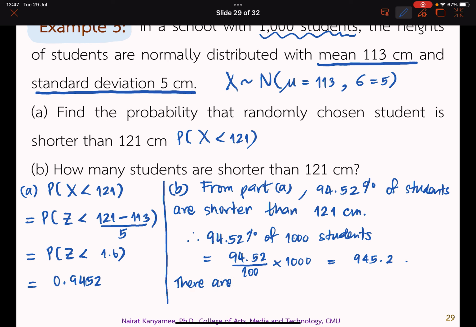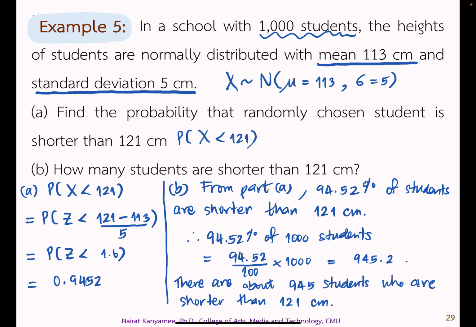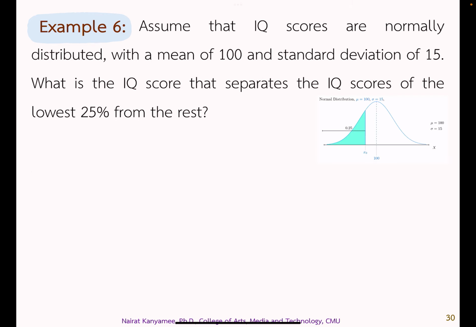Therefore, there are about 945 students who are shorter than 121 centimeters. All right, so we finish example 5. Let's see the next one.